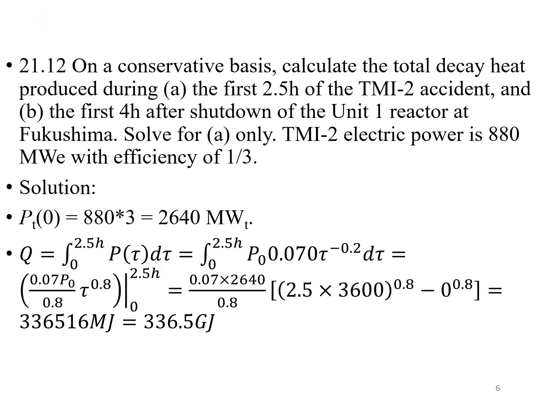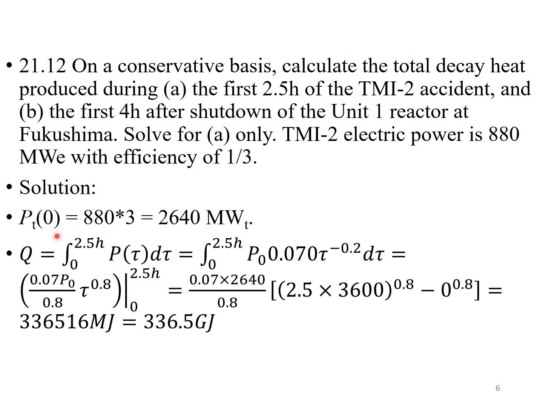Problem 21.12. On a conservative basis, calculate the total decay heat produced during the first 2.5 hours of the Three Mile Island 2 accident. We only solve for part A. We also know that the TMI-2 electric power is 880 megawatts electric with efficiency of 1/3.